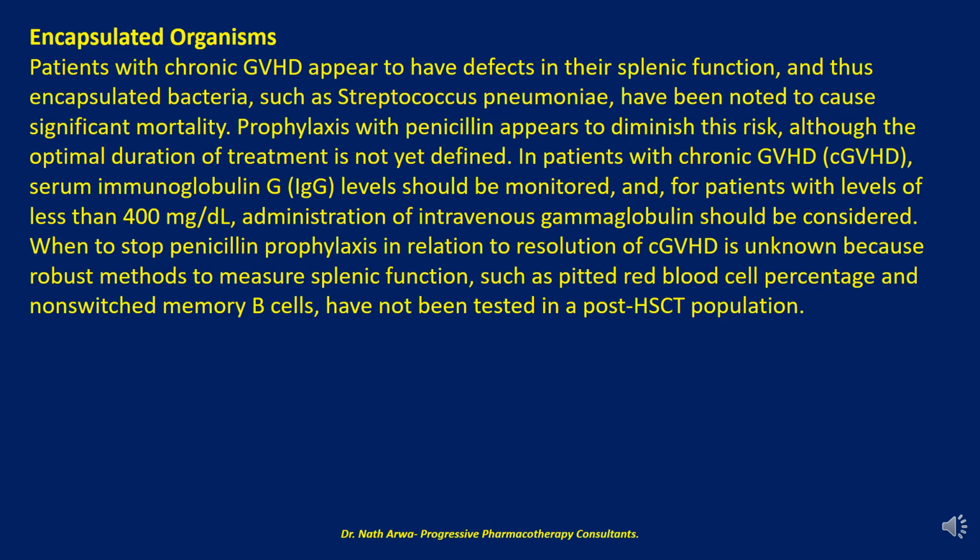When to stop penicillin prophylaxis in relation to resolution of chronic graft versus host disease is unknown because robust methods to measure splenic function, such as pitted red blood cell percentage and non-switched memory B cells, have not been tested in a post-hematopoietic stem cell transplantation population.